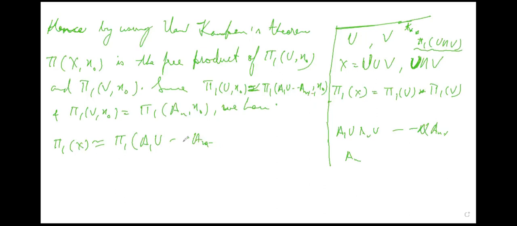We can skip this base point because all the spaces are path connected, and if you have path connected, then the base point becomes immaterial for the fundamental group, because at each point this fundamental group will be the same.